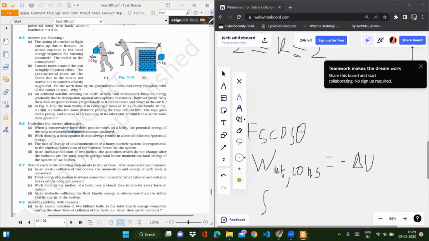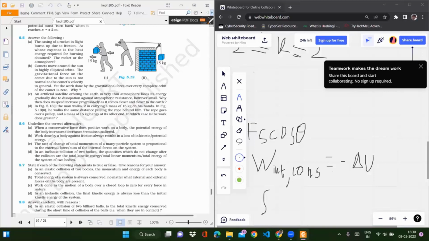The potential energy decreases. Now, work done by a body against friction always results in a loss of its kinetic or potential energy. Potential energy, we know, is due to the internal conservative force of any system. The potential energy of any system will only change when there is some work done by the internal conservative force.